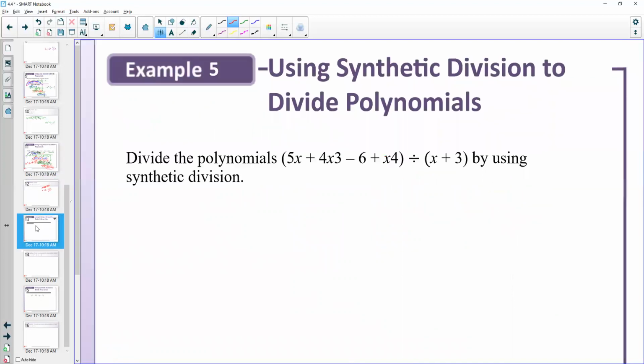All right, the last method in here is called synthetic division. This should be 5x plus 4x cubed minus 6 plus x to the 4th. The rule about standard form is the same here, but the only time you are allowed to use synthetic division, which is lovely and you're going to like, is when what you're dividing by is a plain variable plus a plain number.